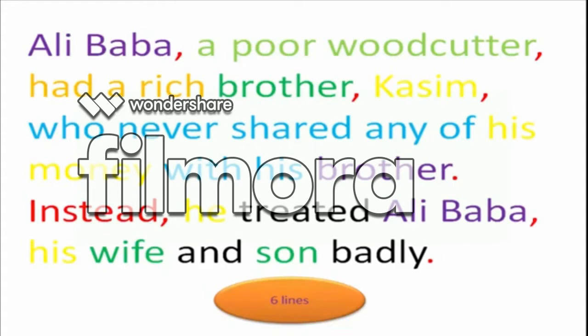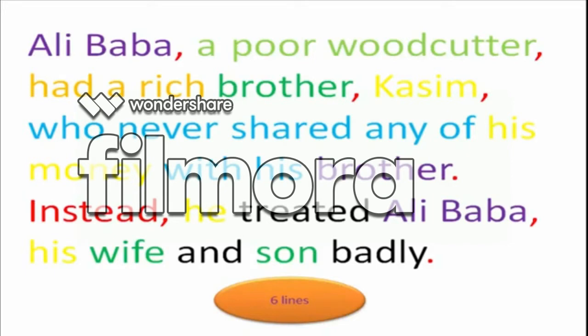Who never shared any of his money with his brother أخوه. His brother it means علي بابا. Instead عوض ذلك he. Who is he? من هو he? قاسم. He treated كان يعامل.